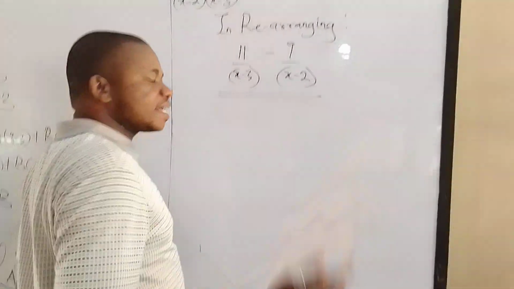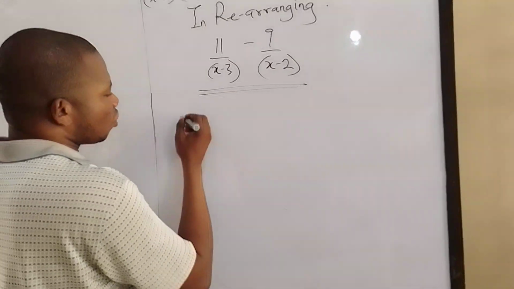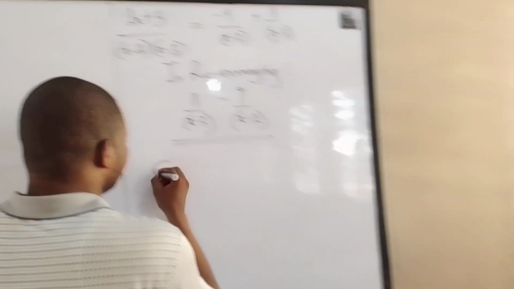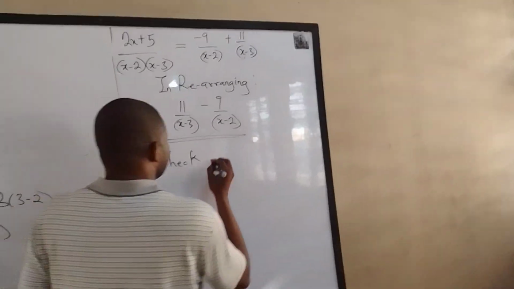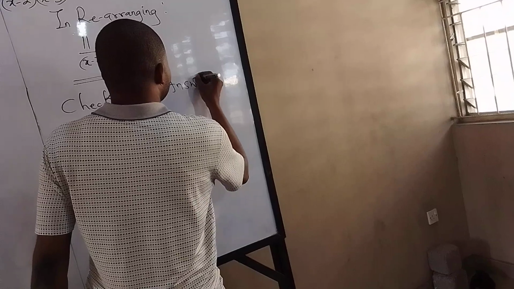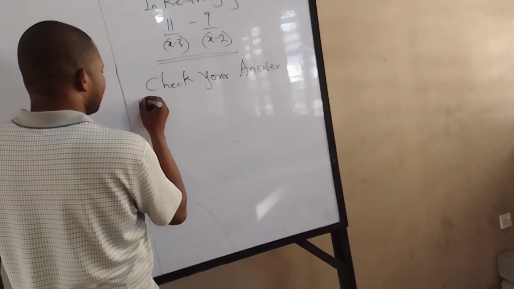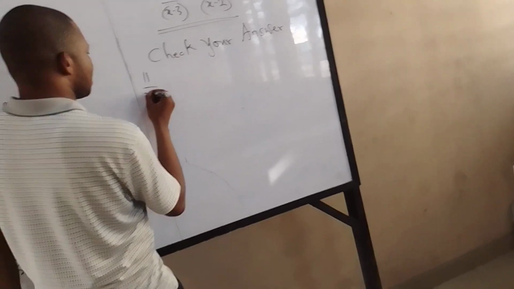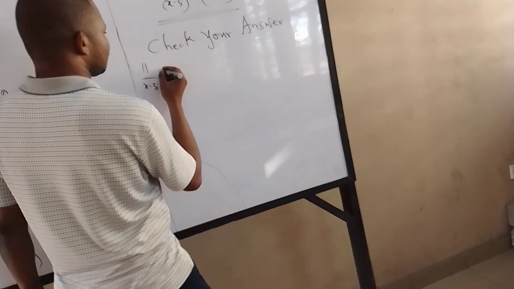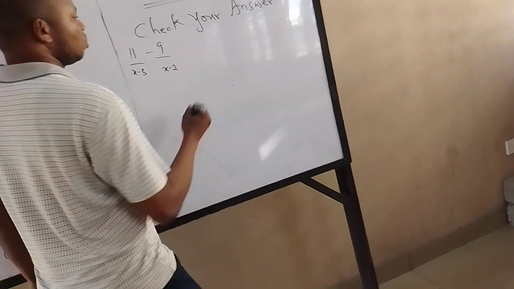Confirm if our answer is wrong or right. If you are correct, actually, that's what we call checking your result. Check your answer. So we check our answer. We have 11 all over x minus 3, then minus 9 over x minus 2 is equal to.